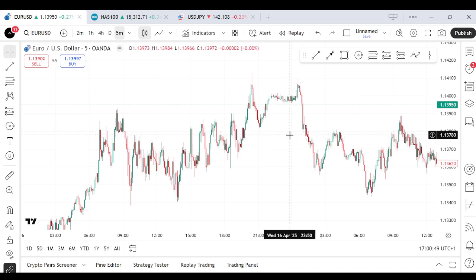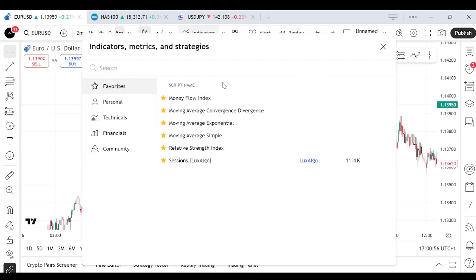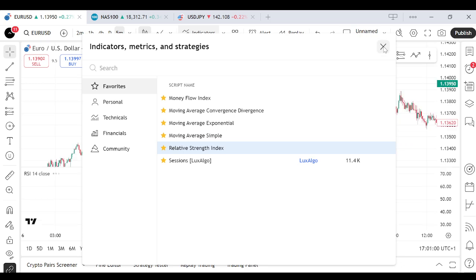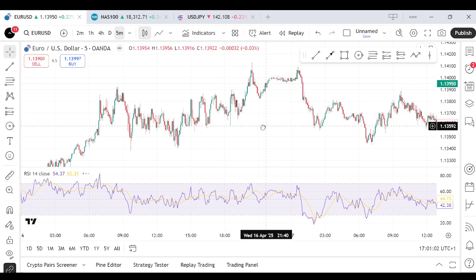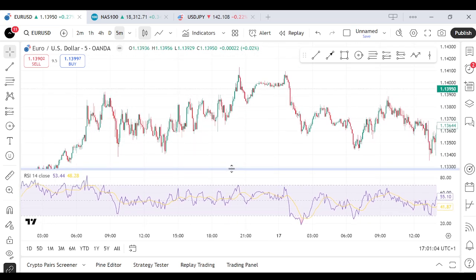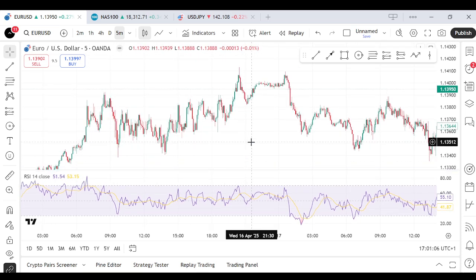Momentum in trading is often measured using technical indicators such as the relative strength index and also the MACD. The relative strength index is a momentum oscillator which tells us overbought and oversold conditions in the market. So these tools help traders assess whether an asset is overbought or oversold.